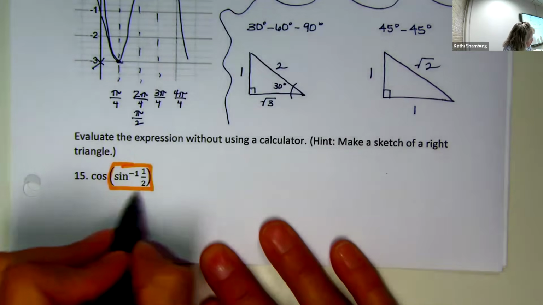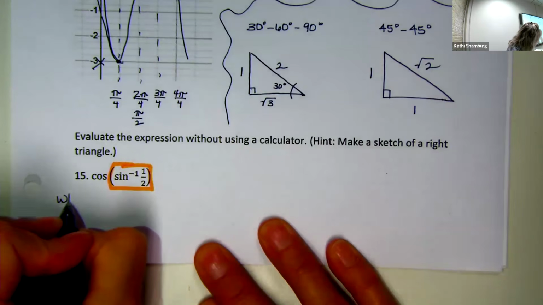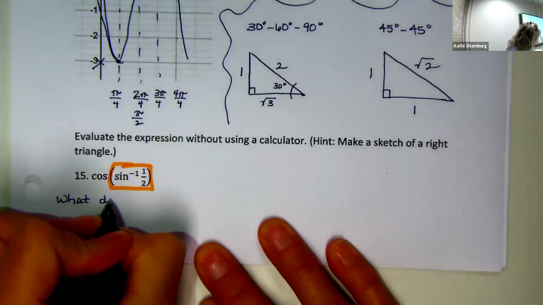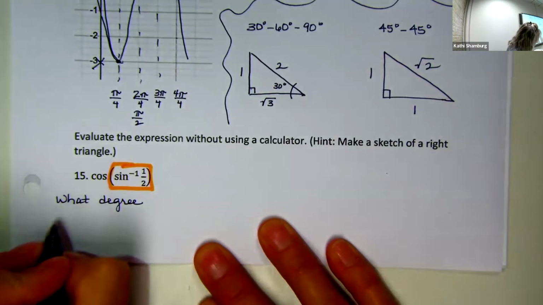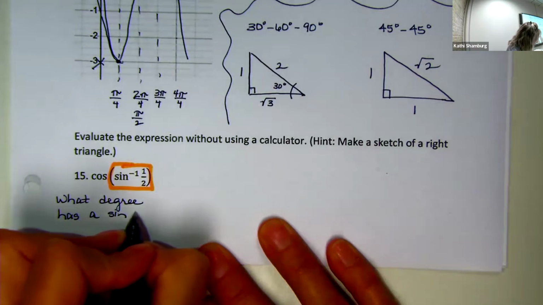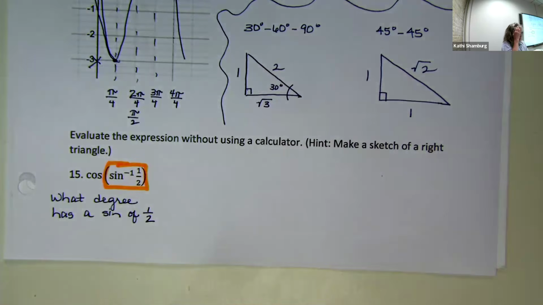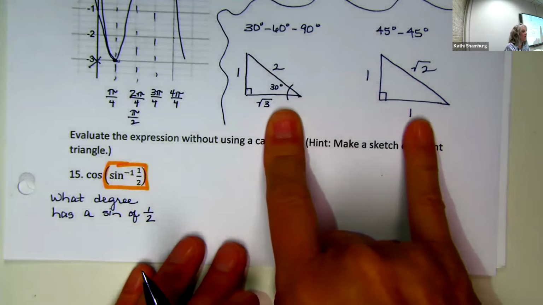So when you see the inverse, here's what it's saying. It is asking you what degree has a sine of 1/2. Okay, so am I going to be looking at 30, 60, 90 or 45, 45?